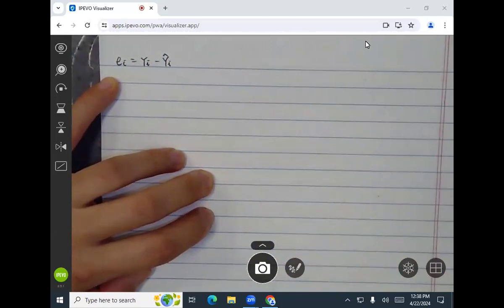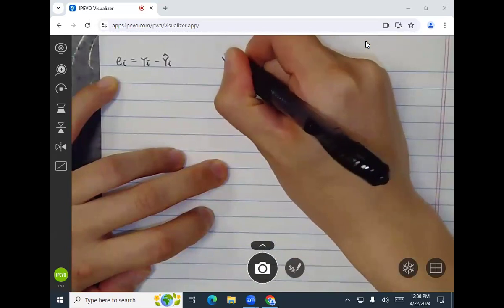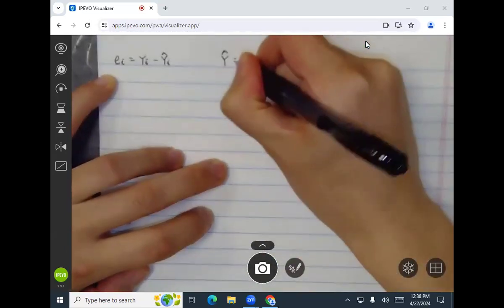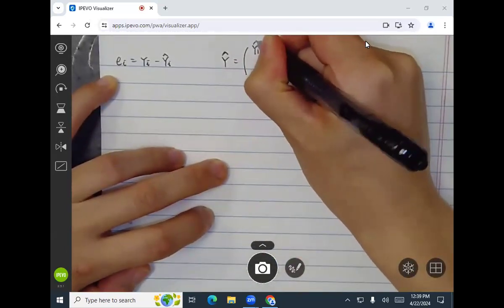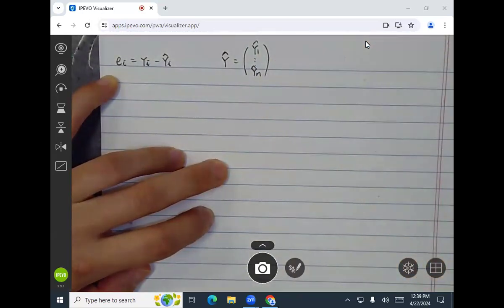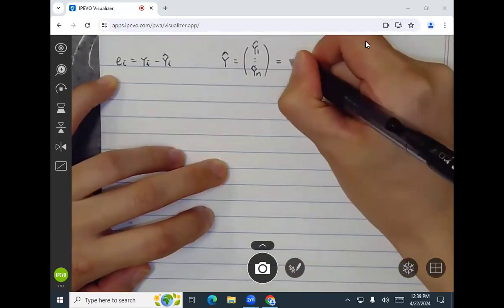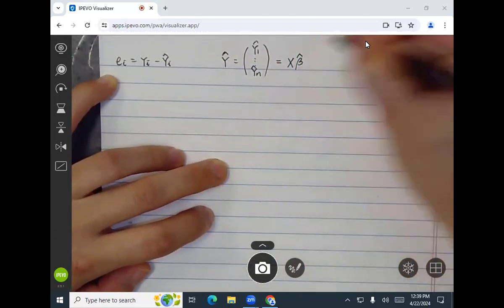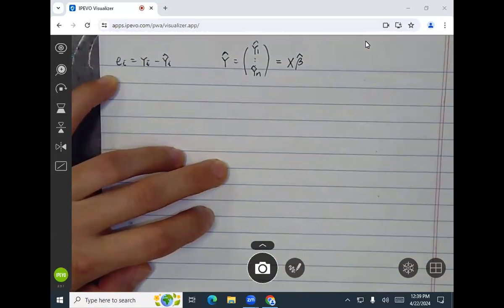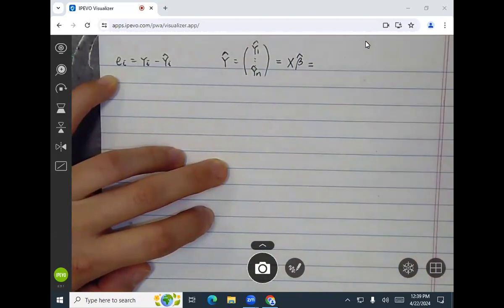Just as a review, we have the vector y hat, which we get by stacking y_1 hat to y_n hat as a column vector. This has the specific form X beta hat, and beta hat is from least squares, or it can be from maximum likelihood estimation.